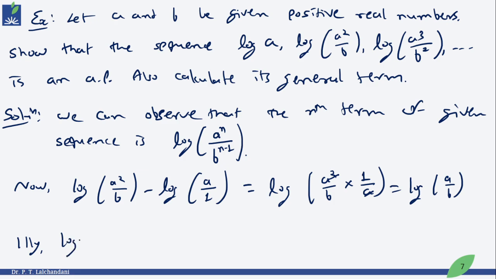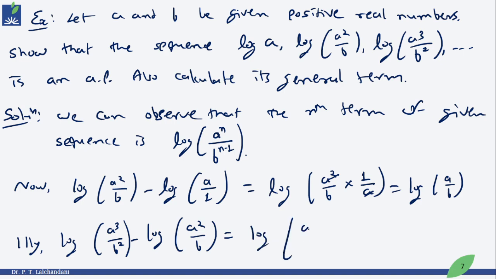Similarly, now let us see the difference between the third term and the second term. Log a cubed upon b squared minus log a squared upon b. Again log a minus log b is equal to log a upon b. So it is log of a cubed upon b squared upon a squared upon b, so it is multiplied by b upon a squared.